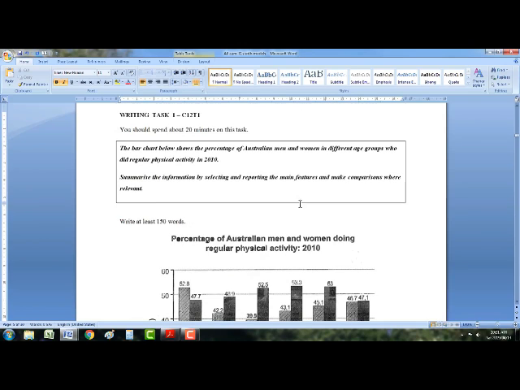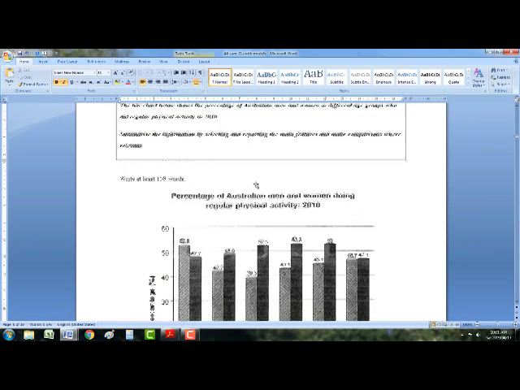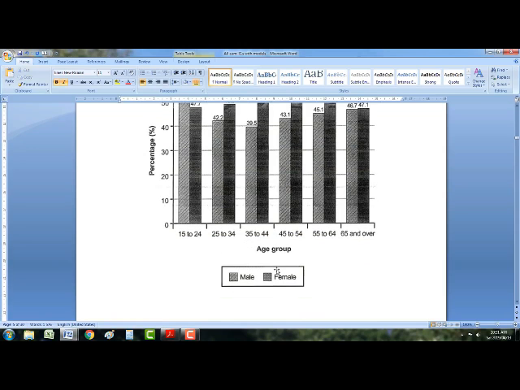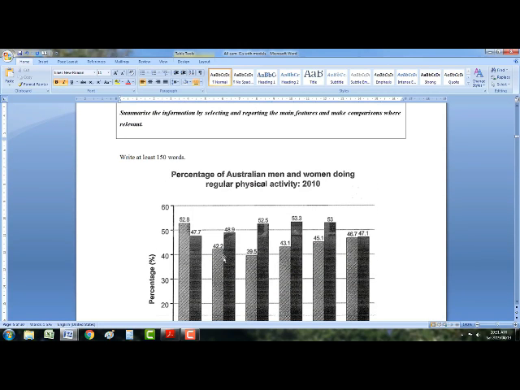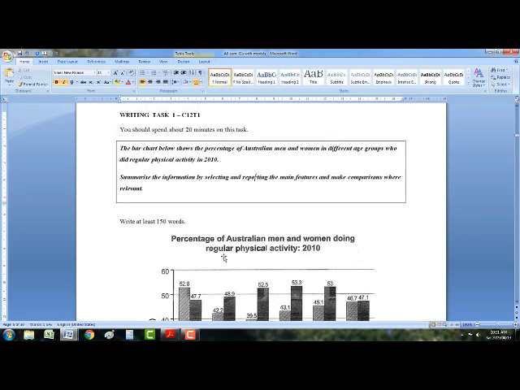You see, it's only 2010. It's only 1 year. It's not over a period. They are comparing two categories, and that's what static charts do. It's all about comparisons. The comparisons become a lot more important in static charts. So we will look at static and dynamic as well in this video.